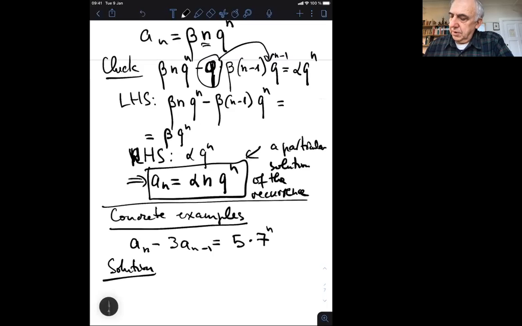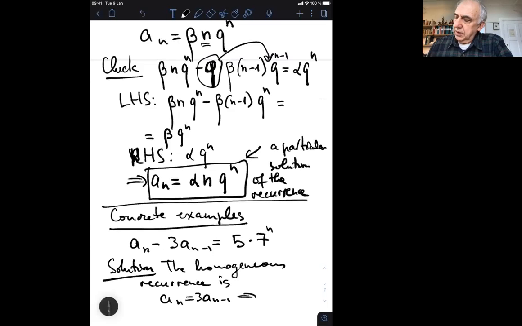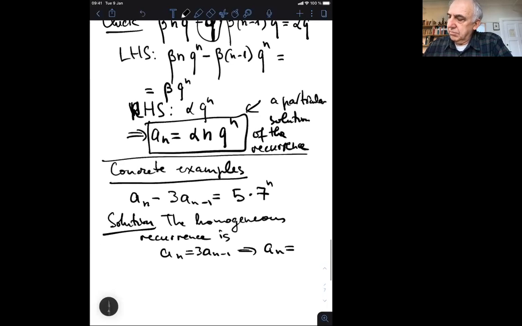The homogeneous recurrence is a n equals 3 a n minus 1, or in other words, a n equals some constant A times 3 power n.